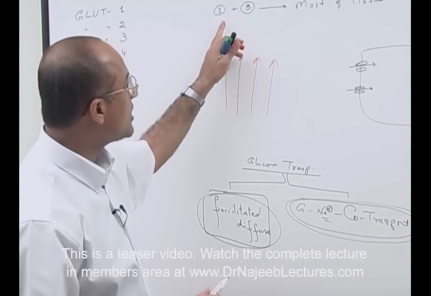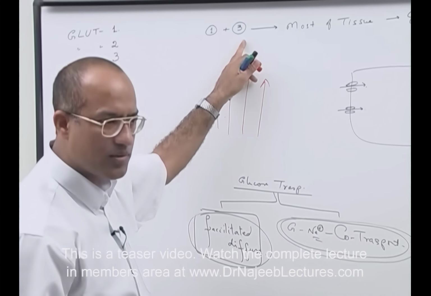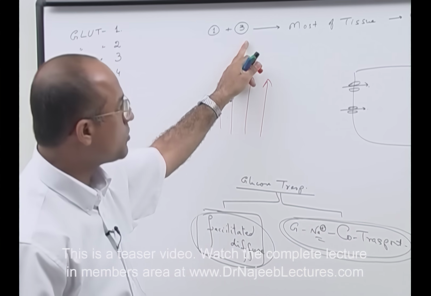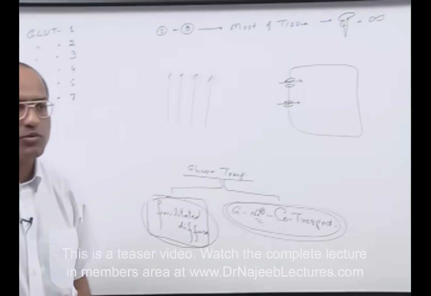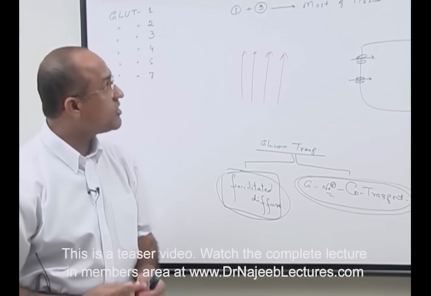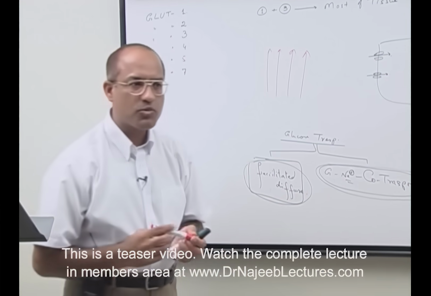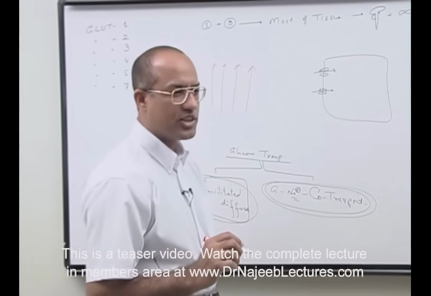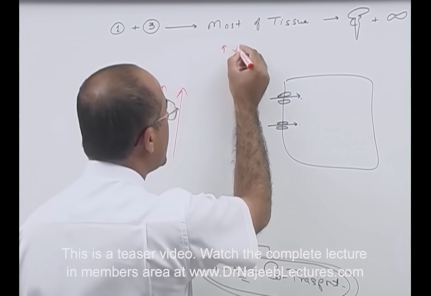So the basal transporters are glucose transporter 1 and glucose transporter 3, and especially RBCs and brain have many of these transporters. We say these transporters have high affinity.